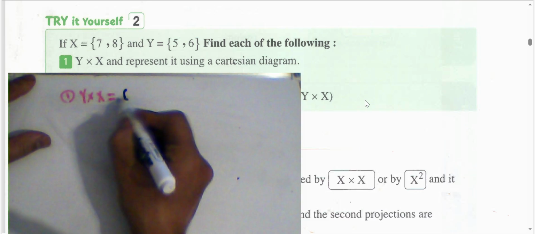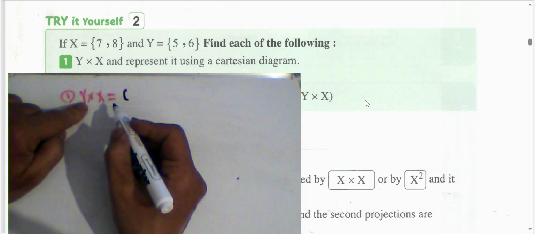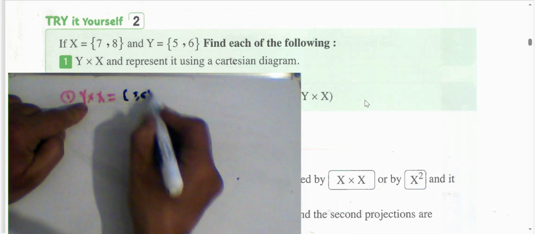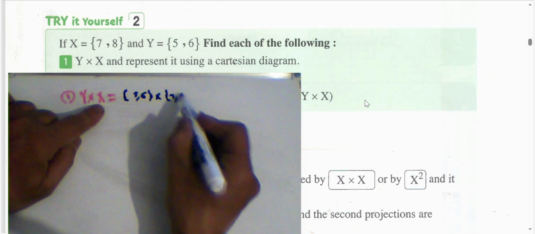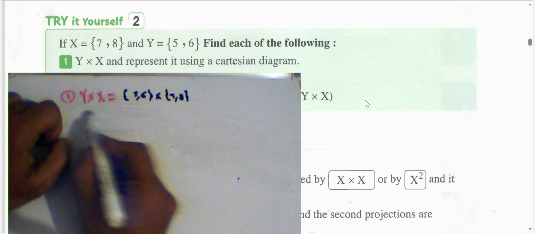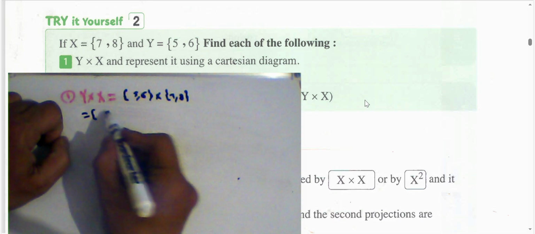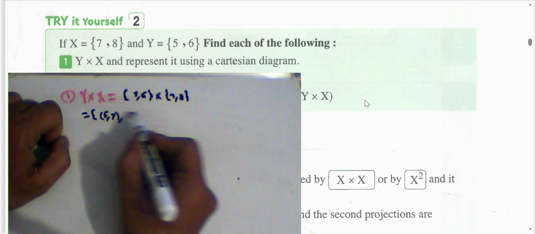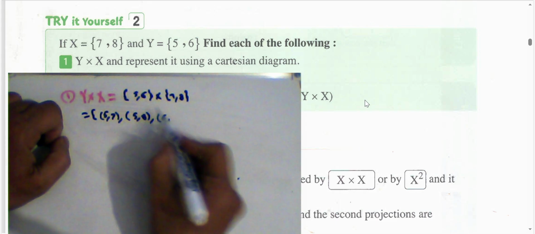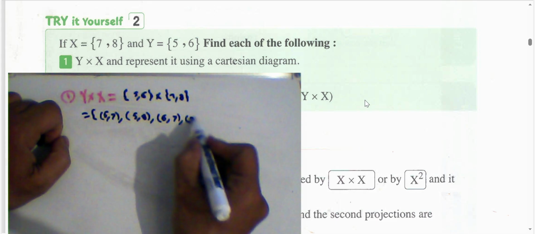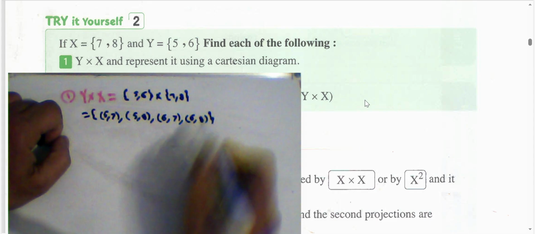First step, write the elements of Y, 5 and 6, product by Cartesian of X, 7 and 8. Then we have 5 with 7 and 5 with 8, and then 6 with 7 and 6 with 8.